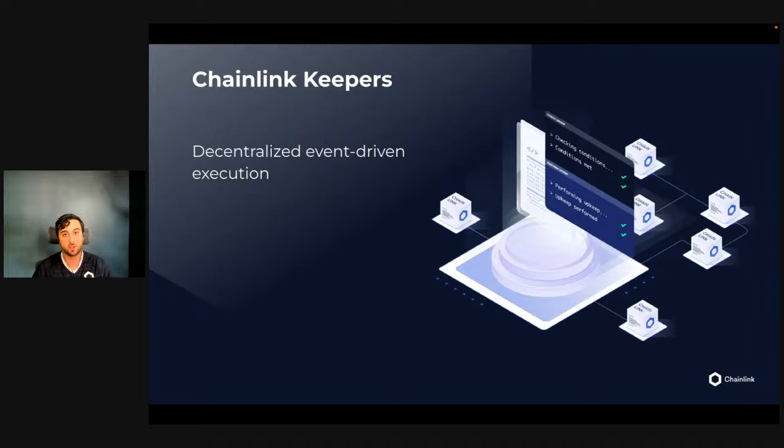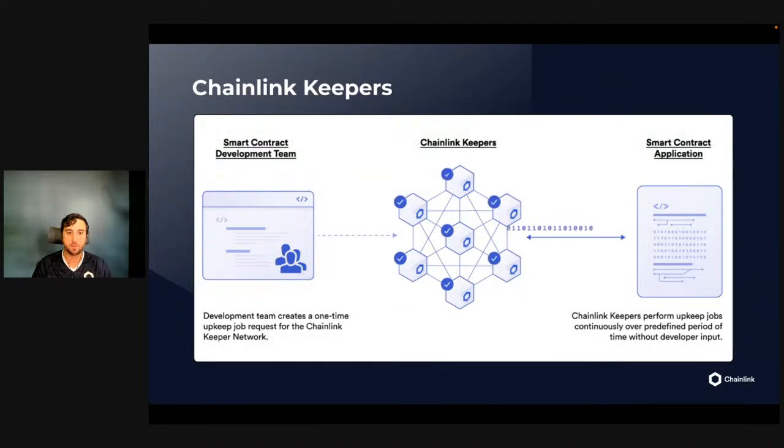And Chainlink Keepers allows us to automate the running of functions, and of course, in a decentralized way, preserving the properties of blockchains and smart contracts. So again, we have a dawn of Chainlink nodes, and this time what they're doing is monitoring the blockchain, waiting for a condition set by you, the developer, to tell them when they need to run specific functions.